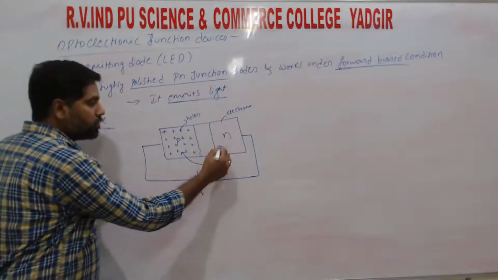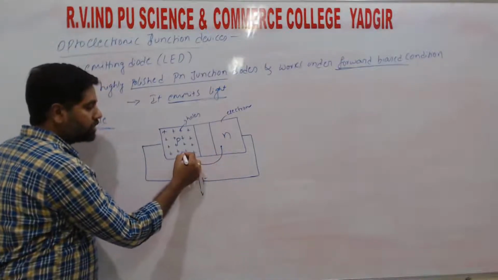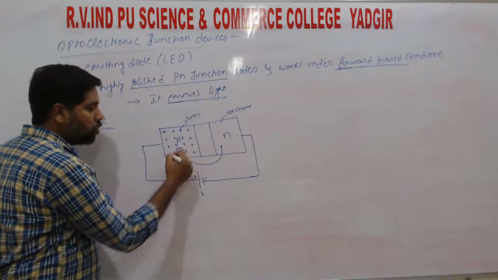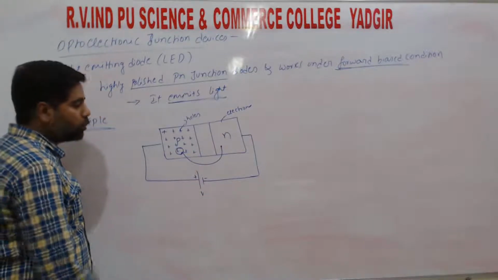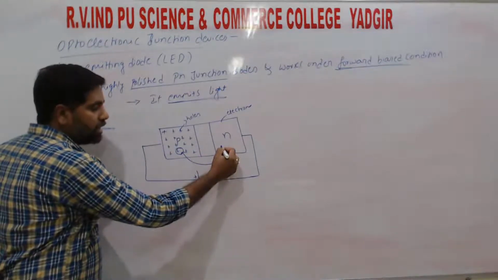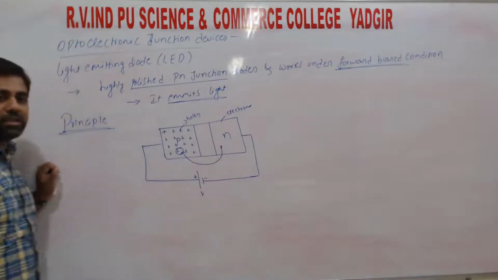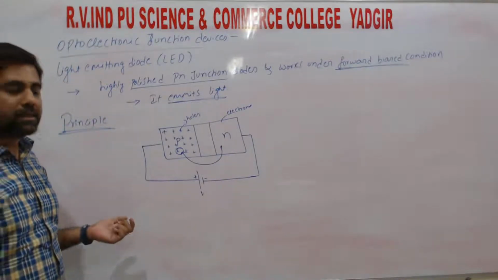As the electrons move from the N region to the P region, they combine with the holes.